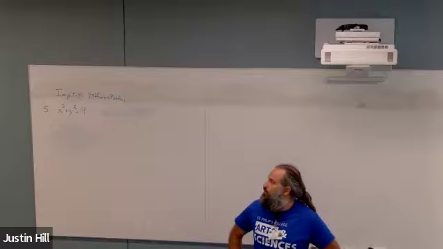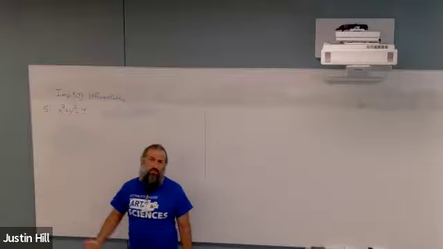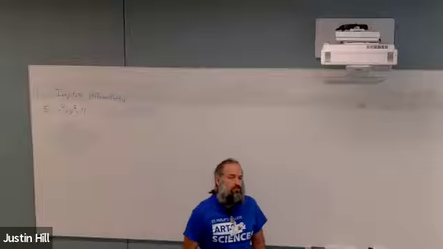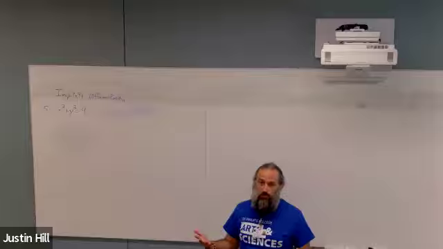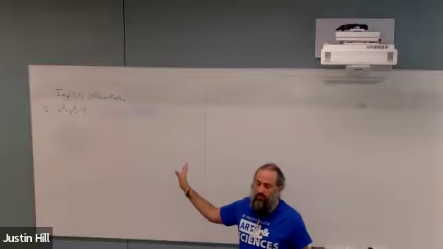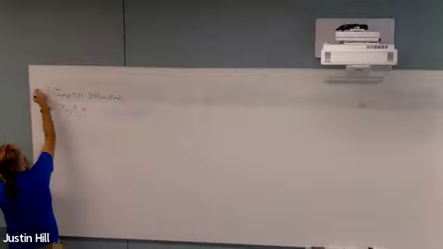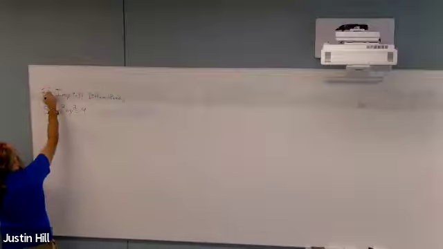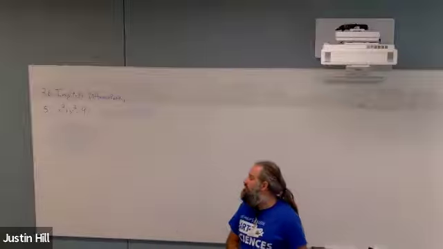So what mathematicians realized is that maybe this is not a function, but it doesn't mean I can't take a derivative. That's what we're looking at in 3.6: if I can still take a derivative, how do I go about doing that?